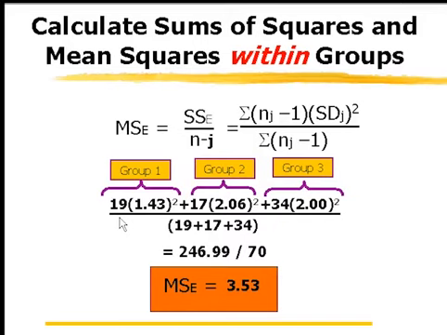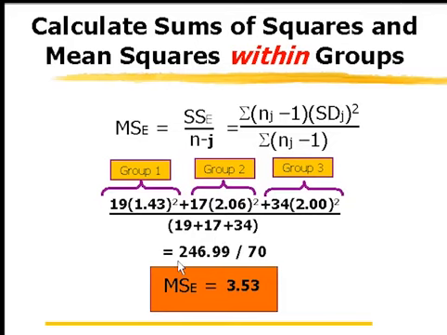The short form for this: you have n minus 1 people. There were 20 people in group 1, so 20 minus 1 is 19, times the square of the standard deviation, plus 17 times the square of the standard deviation of group 2, and then 34 times the square of the standard deviation in group 3, divided by the total n of each group minus 1. So it's 19 plus 17 plus 34.